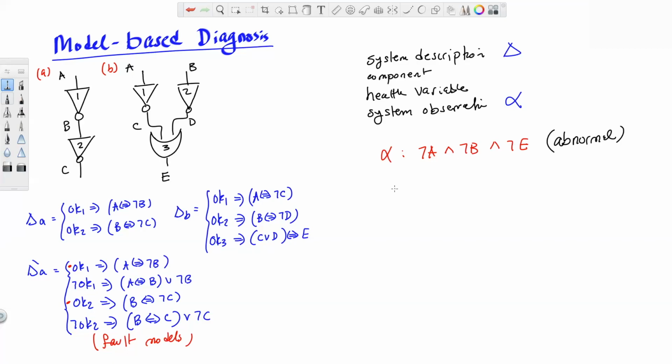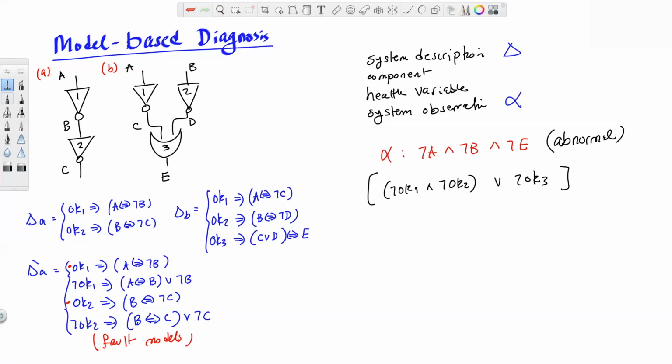Not OK1 and not OK2, or not OK3. I got a formula. Someone wrote back a formula and said, when you ask what went wrong here, this is my answer: a Boolean formula that says not OK3 or not OK1 and not OK2. Do you agree with this?